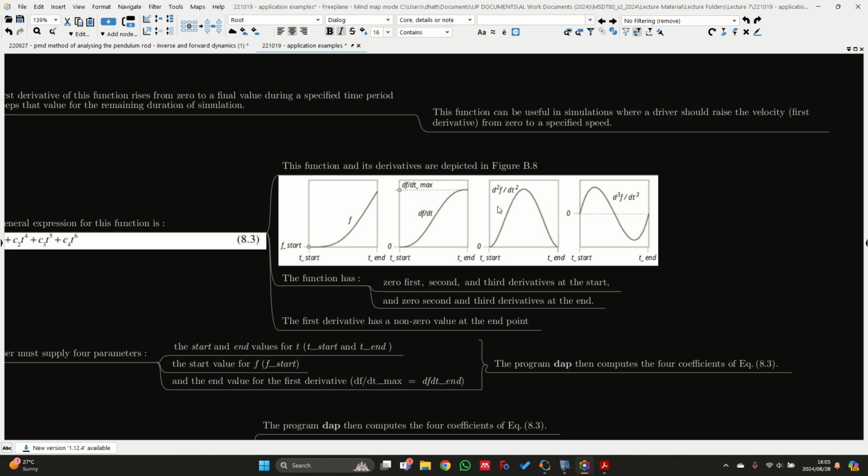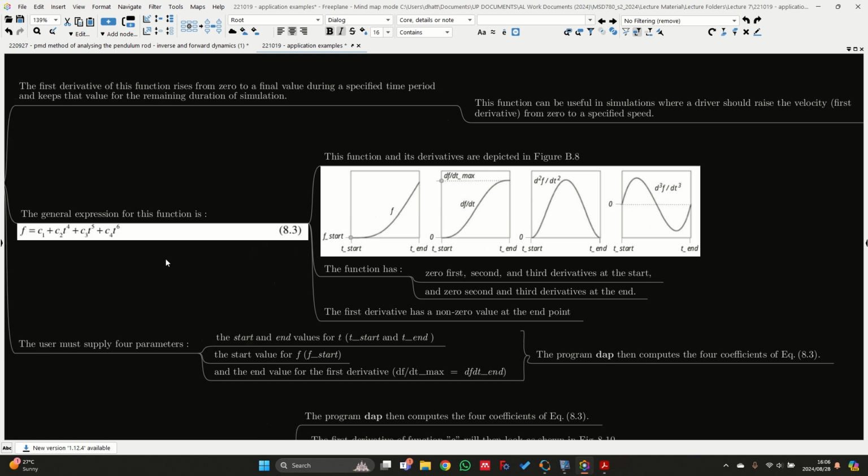If we consider the third graph, the second derivative, then both at t start and t end, d square f over dt square needs to be equal to 0. And for our final third derivative, we once again want t start and t end to have 0 values for d3f over dt3.